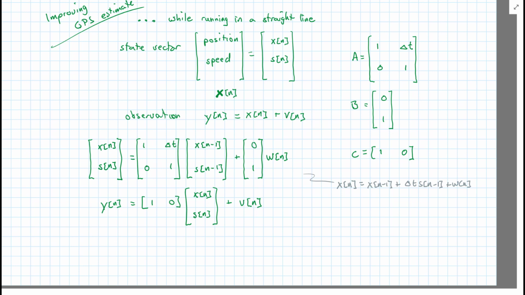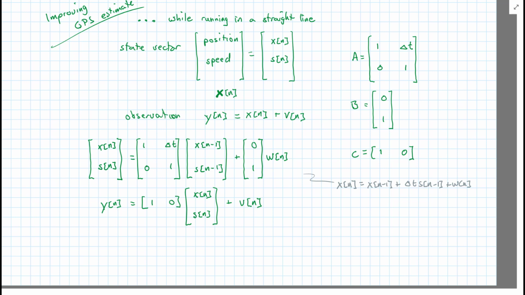If we're actually a moving object, such as, well, I guess people are moving objects, but if we were a car or a bicycle, we might assume that the speed remains the same and is only affected by the acceleration.